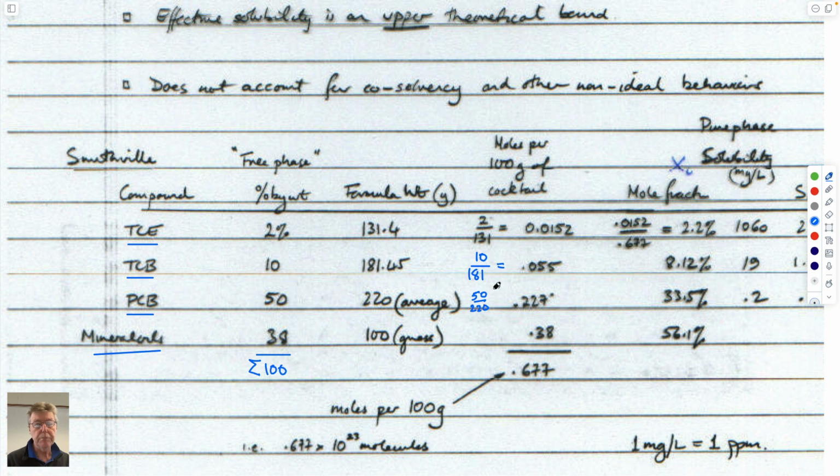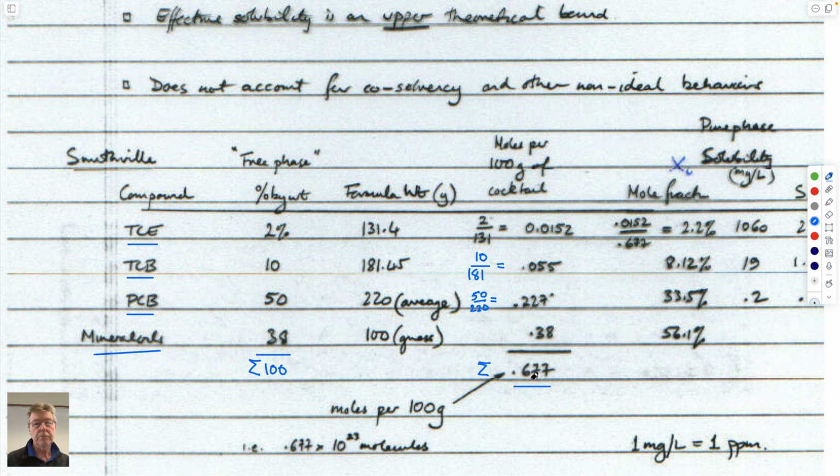So this is the actual moles of these that are present per 100 grams of cocktail. And so if you sum up these, this is the total number of moles in the system. So the moles per 100 grams is 0.015. Add them all together, this is the total number of moles.